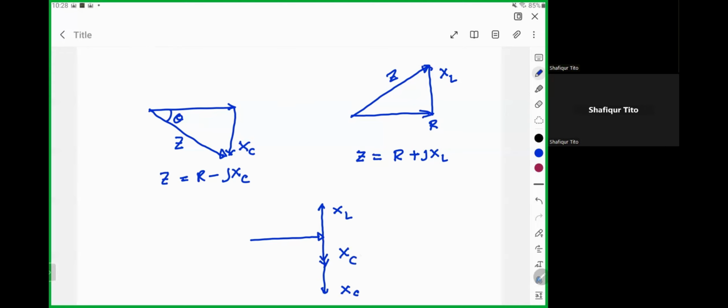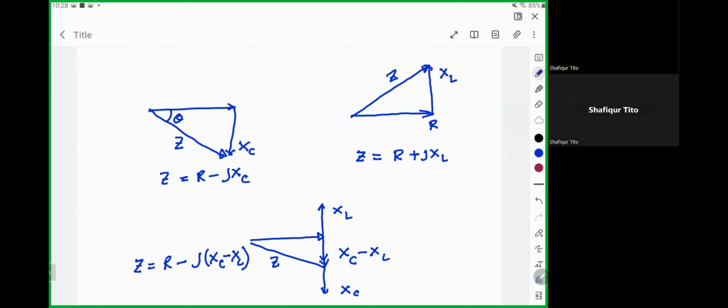So it will be XC minus XL, and then Z will be here. So Z, we can write down R minus J(XC minus XL).